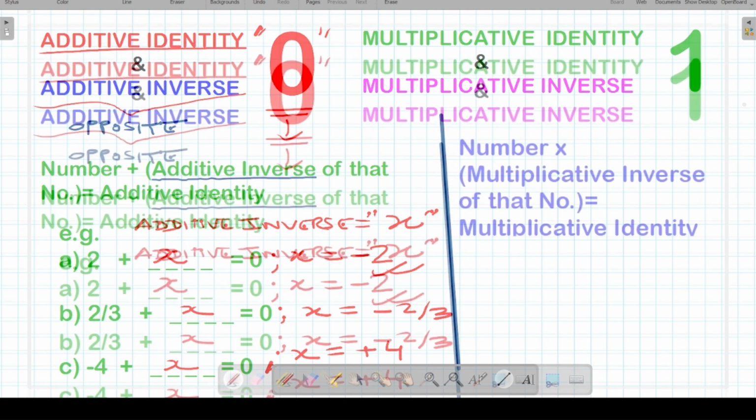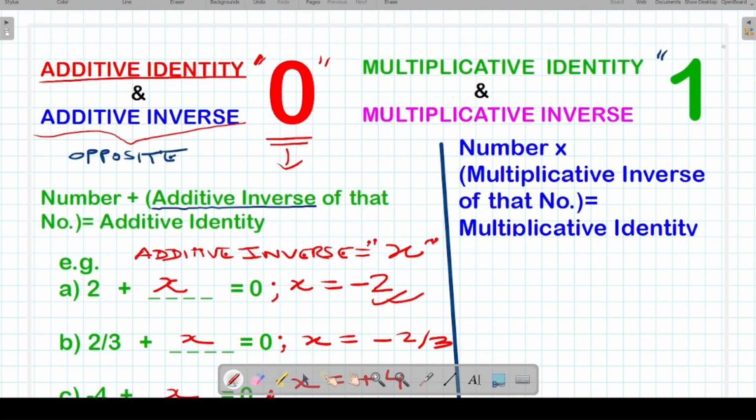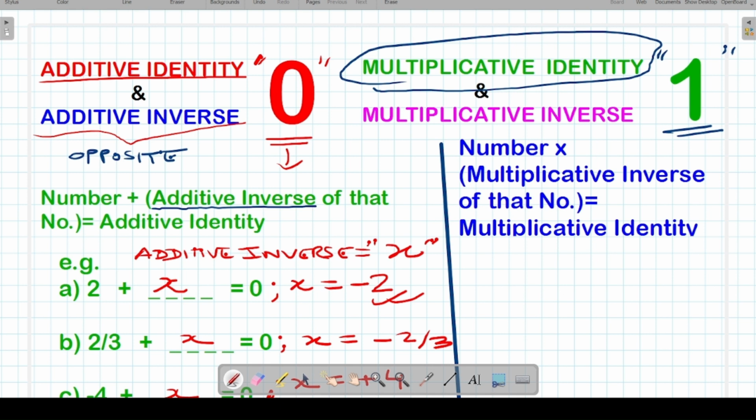Now, let us understand the second concept, the multiplicative identity and the multiplicative inverse. Here, the number one is known as multiplicative identity, right? And here we understand that any number which will be multiplied, it will not be added.